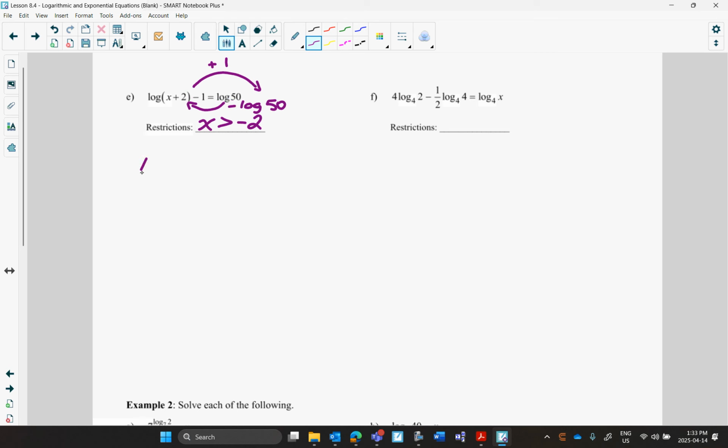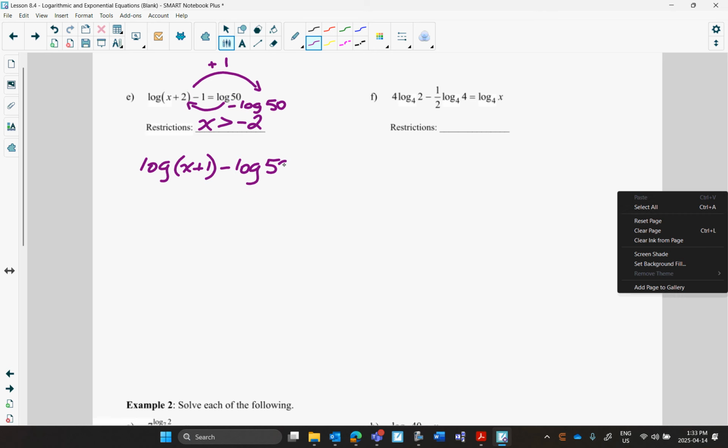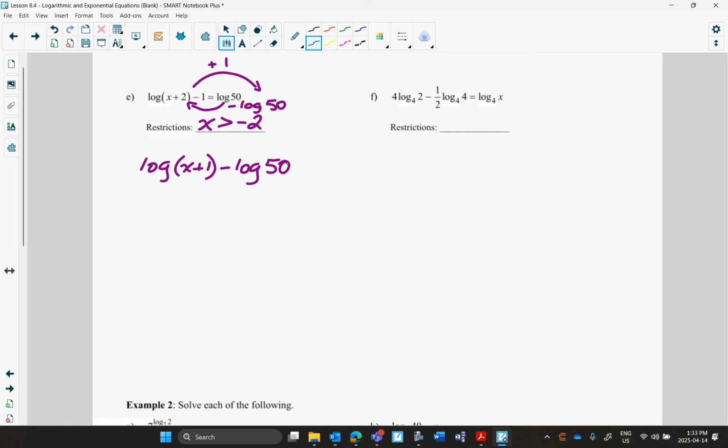So I'm going to get log of x plus 2 minus log 50 equals 1.